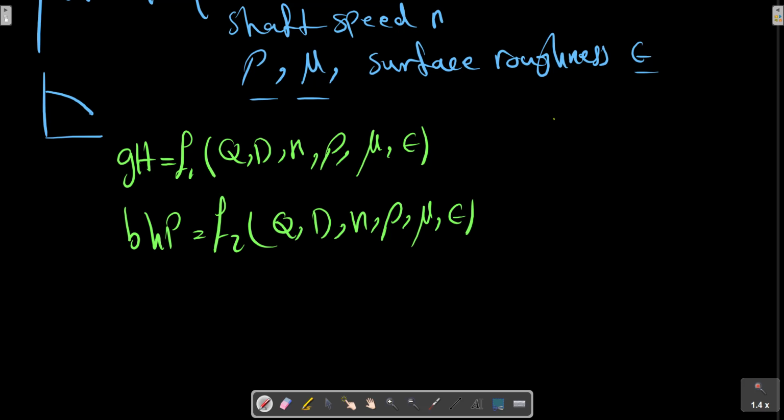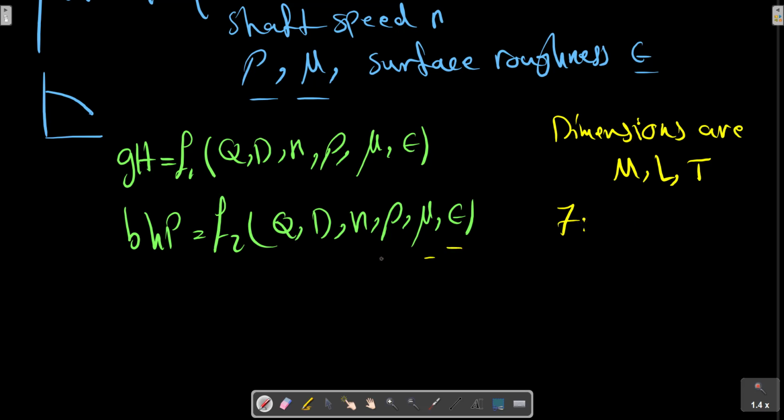Other dimensions are M, L, and T, and hence we have 7 parameters.